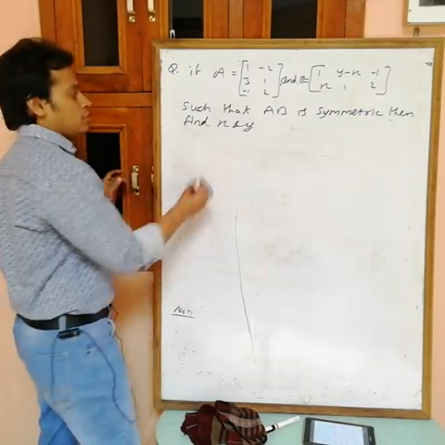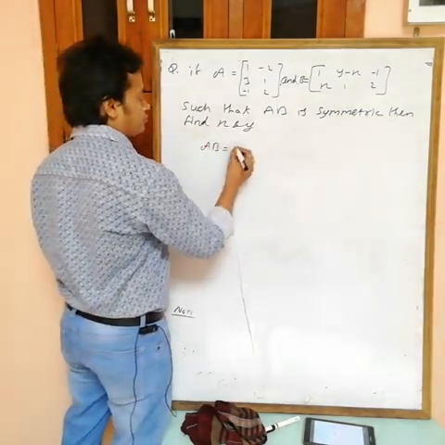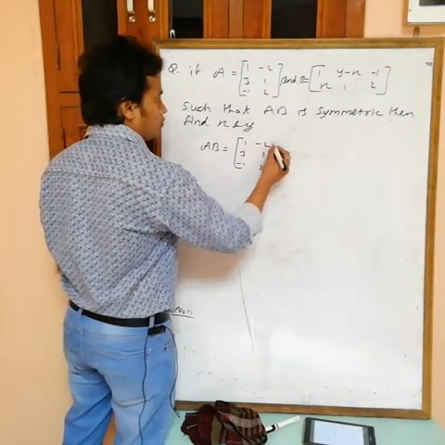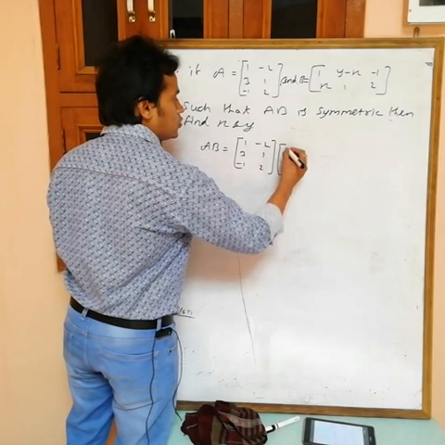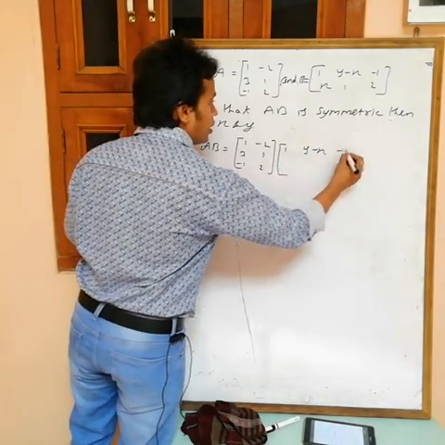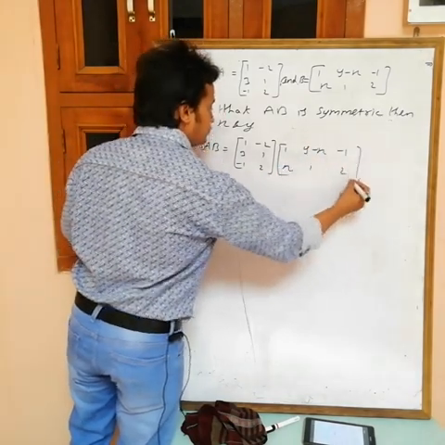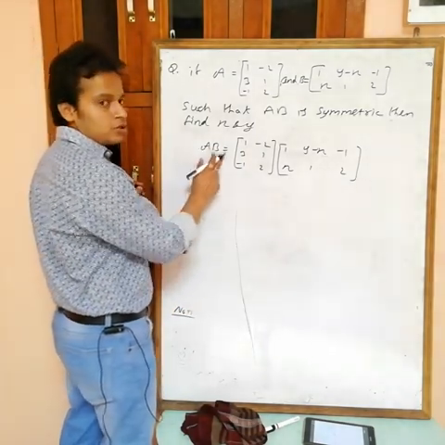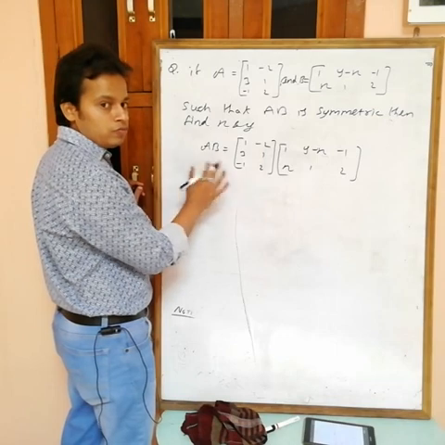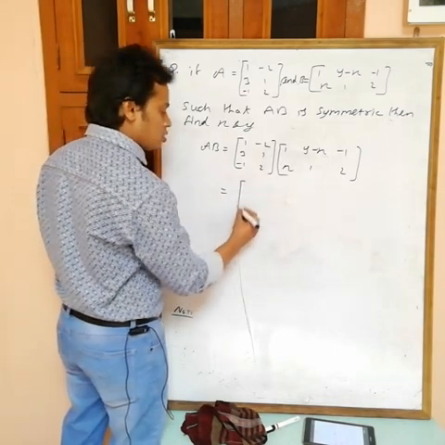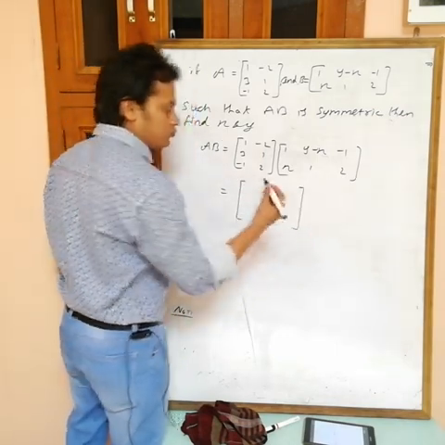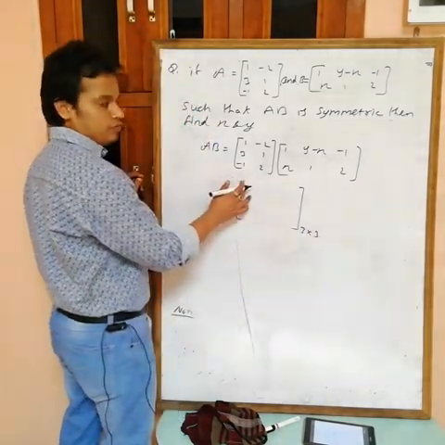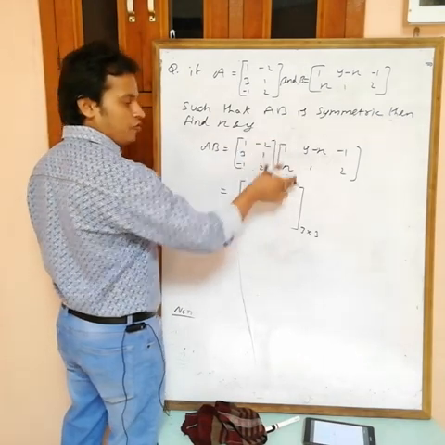A is the 3 by 2 matrix and B is the 2 by 3 matrix, the 2s are equal. The order of the product matrix is 3 by 3.